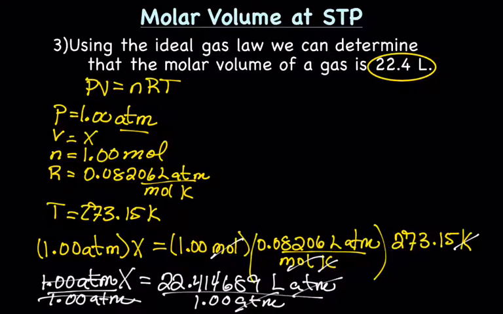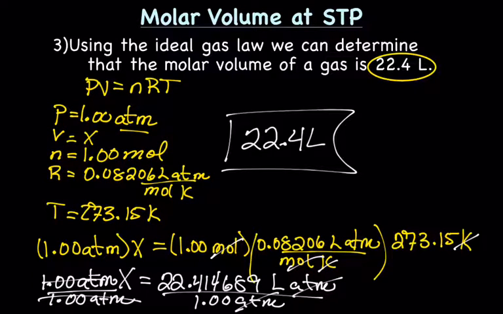As far as sig figs go, being that everything we used is a constant, we'll just pick by convention, we call this 22.4 liters. So again, using the ideal gas law, we can determine that the molar volume of a gas is indeed 22.4 liters. And this is true of any gas. The volume of 1 mole of any gas is going to be 22.4 liters. There you go.